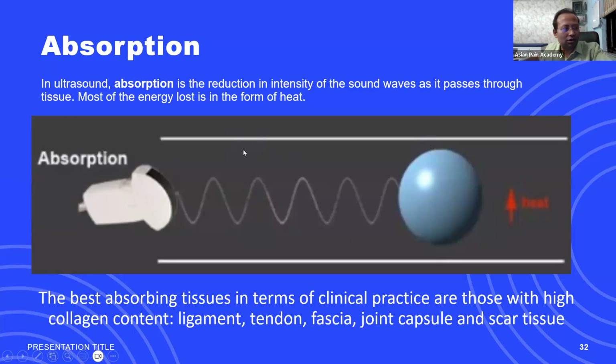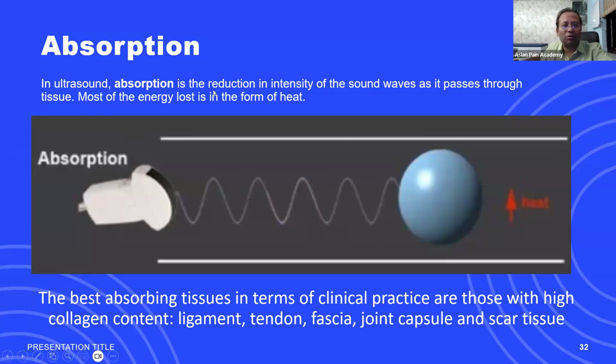So what are the substances which cause this type of absorption? Water, or say liquid blood. When we see an artery or an effusion, all sound waves are absorbed and nothing is returned. So that part becomes completely anechoic.